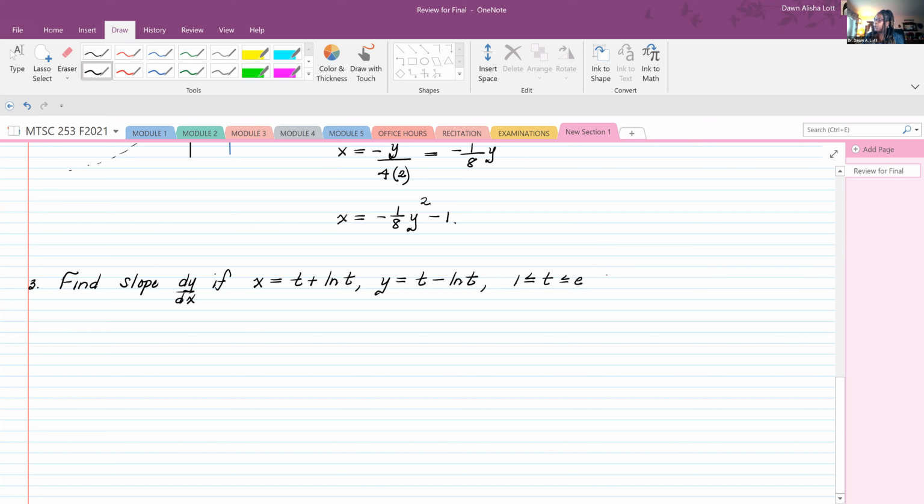Okay, so it says find the slope of the curve.